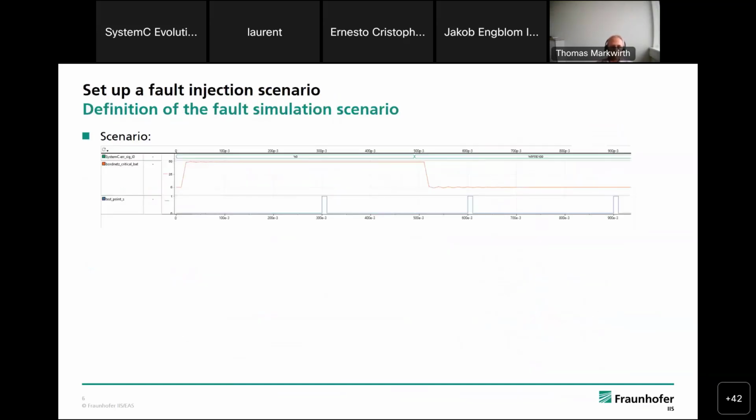A scenario which could be derived from that would be, for example, a board net with a critical load and a test interval for the safety application. If a fault occurs, for example, the main battery is no longer able to supply the components, how does the complete system, the safety mechanism, react to that?